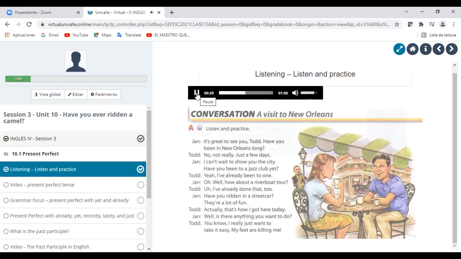I can't wait to show you the city. Have you been to a jazz club yet? Yeah, I've already been to one. Oh, well, how about a riverboat tour? I've already done that too. Have you ridden in a streetcar? They're a lot of fun. Actually, that's how I got here today. Well, is there anything you want to do? You know, I really just want to take it easy. My feet are killing me.